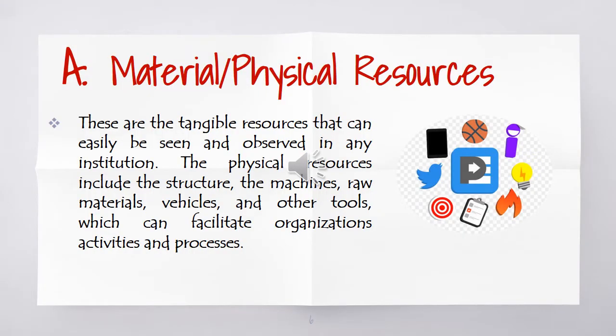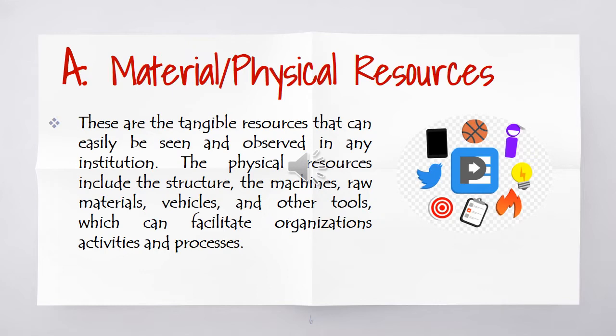Now, let us discuss first the material or physical resources. When we say physical resources, these are the tangible resources that can easily be seen and observed in any institution. The physical resources include the structures, machines, raw materials, vehicles, and other tools which can facilitate organizational activities and processes.